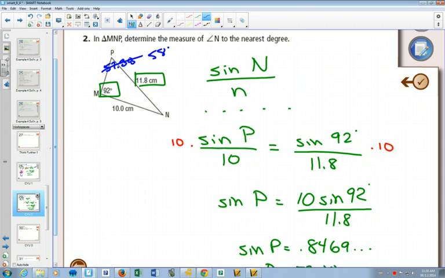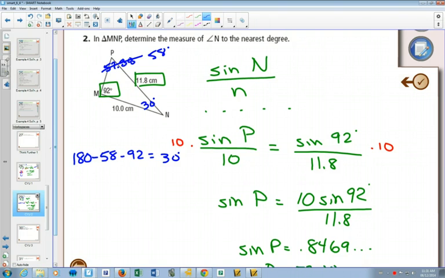So now we've got 180. We could subtract the 58, subtract the 92, and what's left? 30 degrees. So angle n would be approximately 30 degrees because we've rounded.